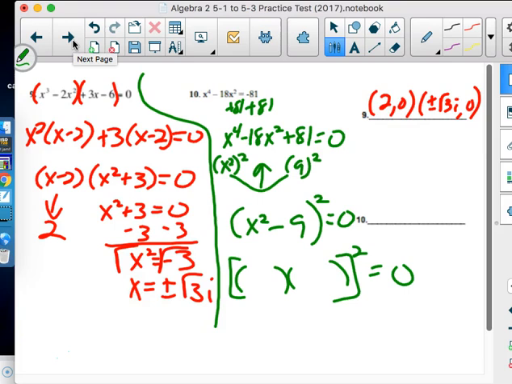What does x squared minus 9 factor into? x plus 3 and x minus 3. So what are our zeros? Negative 3 and 3.